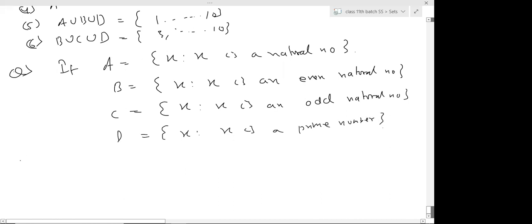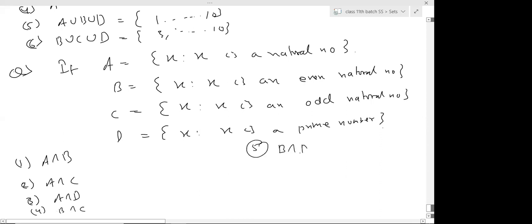Then you have to find out A intersection B, A intersection C, A intersection D, B intersection C, B intersection D, C intersection D. All right, this you have to solve.